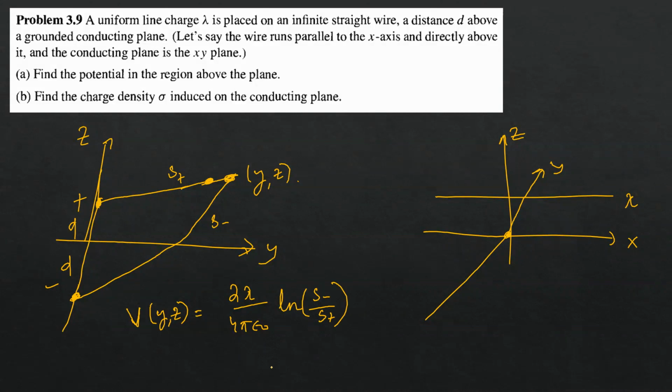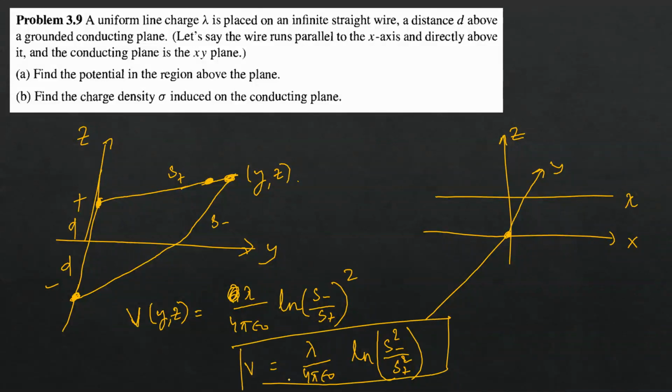So I will take this 2 to here, right, we can do that. So lambda by 4 pi epsilon naught ln s minus square by s plus square. Yeah, that will be the potential only. Easy question.